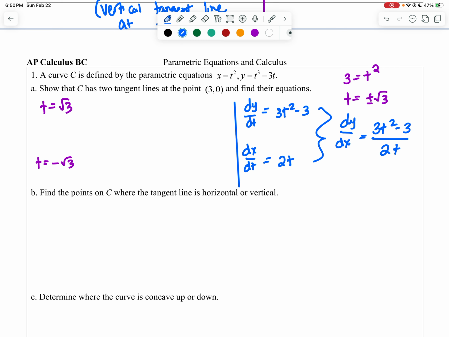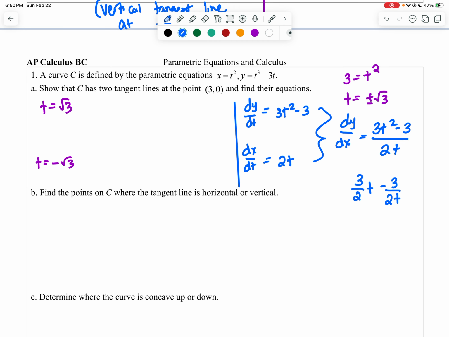Now, for the sake of this problem, I am going to simplify this because I know in part C, whenever it talks about concavity, I'm going to have to take the second derivative, and I would rather not use quotient rule here. This would be 3 over 2t minus 3 over 2, and then t is at the bottom here.